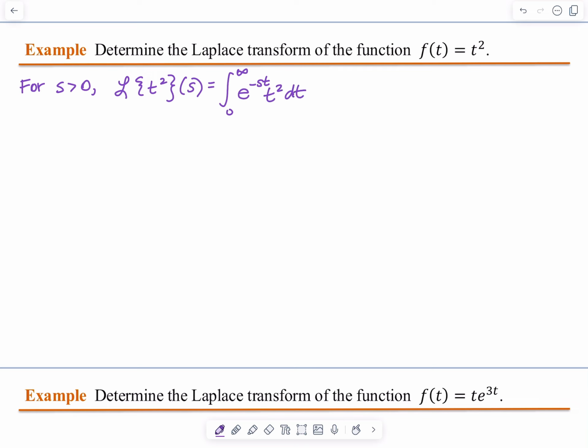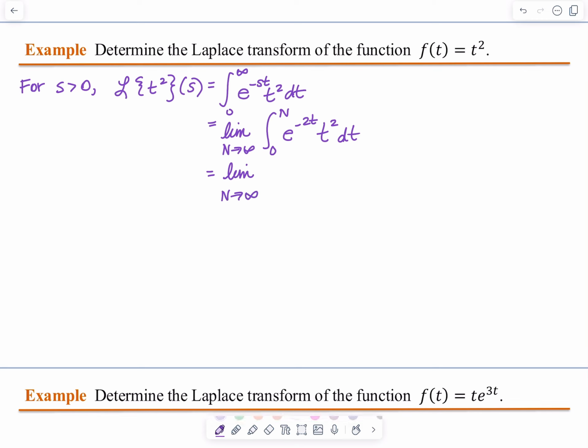And there we have an improper integral. So we'll take the limit as n approaches infinity from 0 to n of e to the negative st t squared dt. And that is going to be equal to the limit as n approaches infinity.